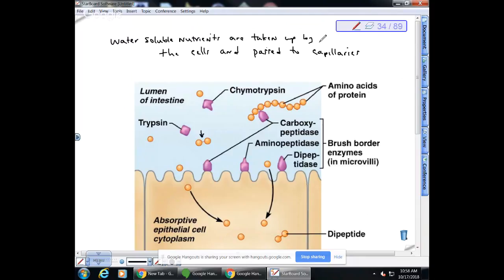The enzymes on the brush border would be like lactase, right? They're brush border enzymes that are sitting right on the surface of those cilia that help to break down proteins and carbohydrates so that they can be absorbed.